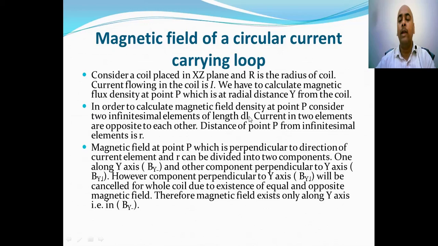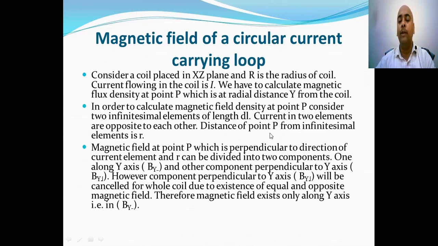In order to calculate the magnetic flux density at point P, consider two infinitesimally small elements of length dl. The currents in the two elements are opposite to each other.